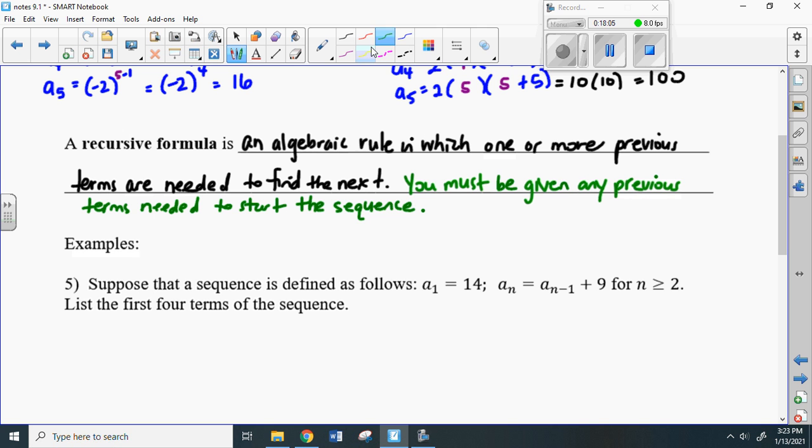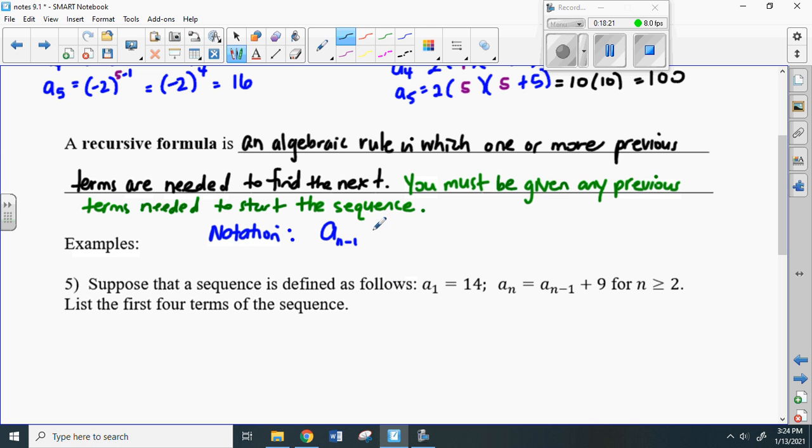All right, and then for notation, let me explain this a little bit. You're going to see things like this: a sub n minus 1.